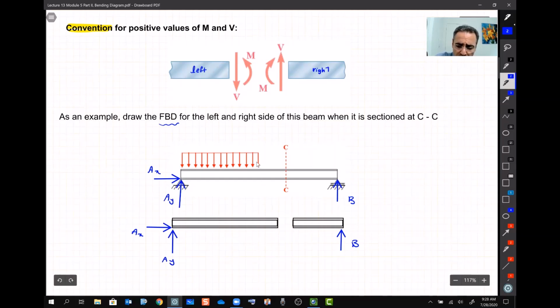So I have a distributed load, and we know when we see a distributed load, we just find its equivalent because it's easier to work with, right? So this is the distributed load, and the equivalent of this distributed load is going to be a big load here. And we know that if the intensity is Q or W, then it's going to be Q multiplied by L, right? L is the length of this.